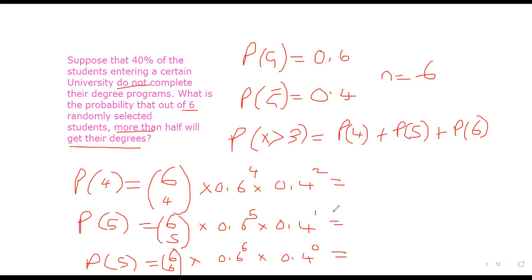I taught you how to find the combinations. You total them up. This is the probability that more than half get their degrees. All right. So any questions?